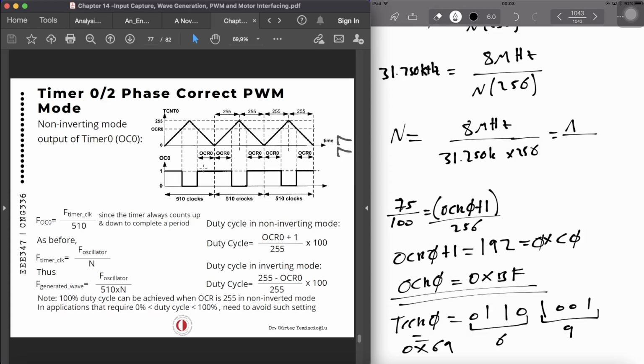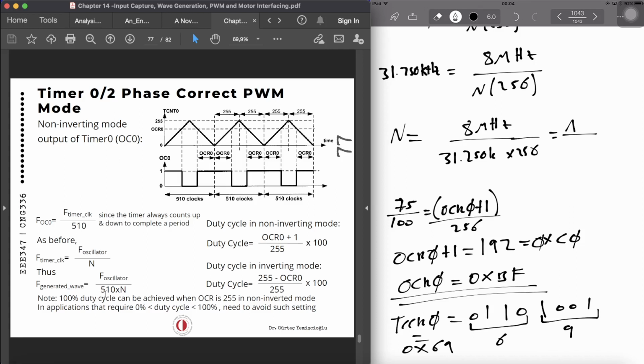So what do we have here? As you can see, from one side to the other, we have got two OCRs. So one period has got 255 plus 255, which is going to give us 510 clocks in total. So that's what we need to consider.